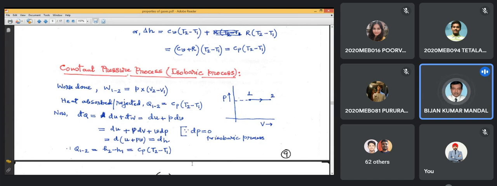So there is no problem. Then PdV plus VdP is nothing but d of PV, and together with dU, d of U plus PV is equal to dH. Therefore, the heat transfer is equal to the change in enthalpy, that is Cp into T2 minus T1.